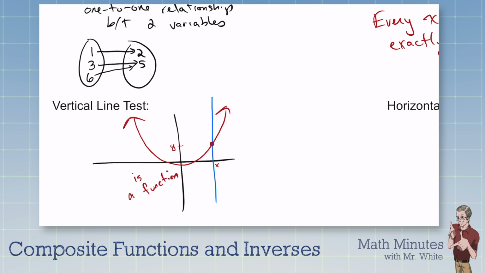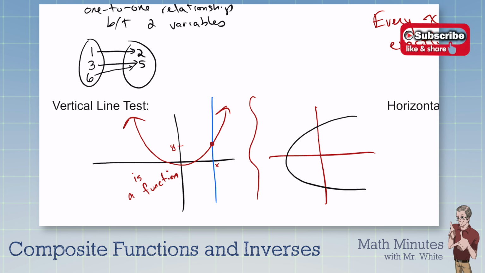So what does it look like when it fails? Well, we could have a parabola on its side, and you can see if I draw a vertical line here, it hits twice. So it fails the test, and so it's not a function.